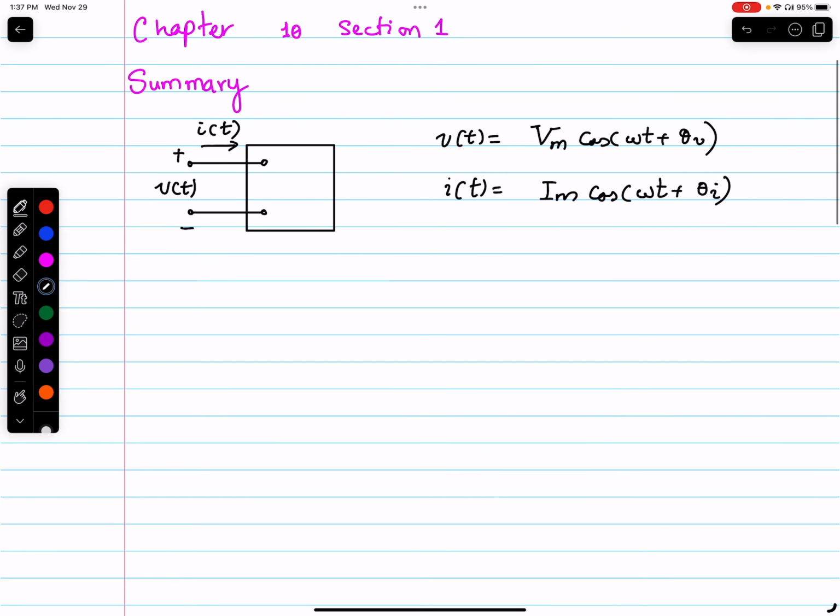Okay, the instantaneous power really is v(t) times i(t).